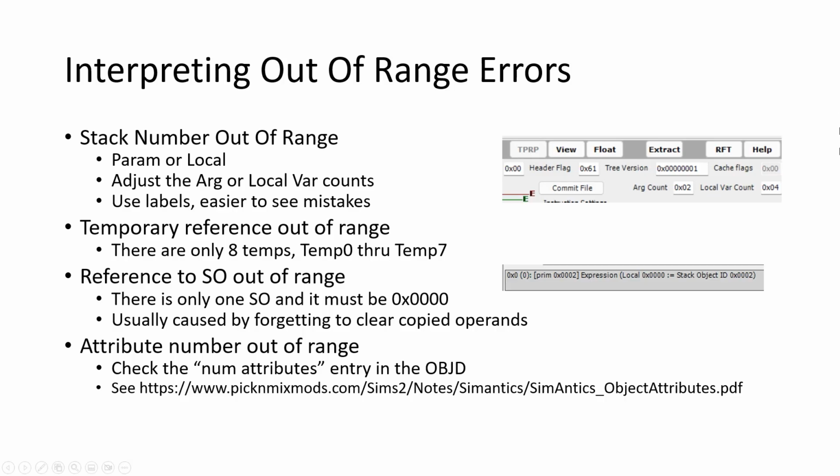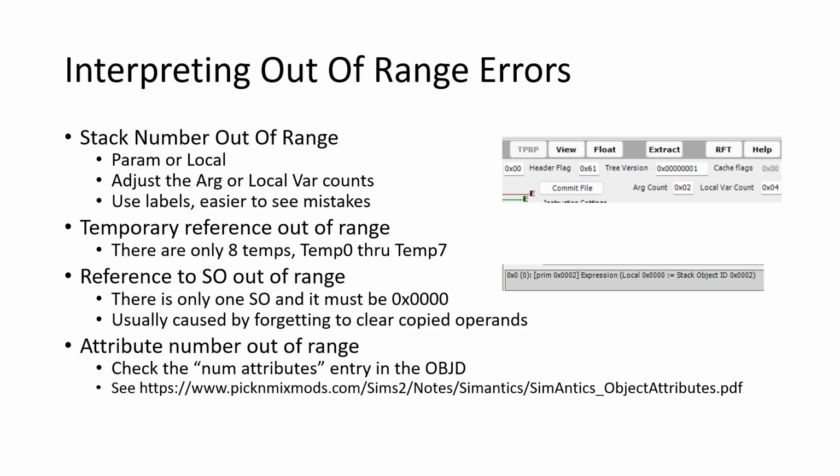If you've been a good person and you've created labels, there's an advanced button down the bottom that says make labels, and you've got this TPRP thing enabled, and you've labeled your parameters and labeled your locals.